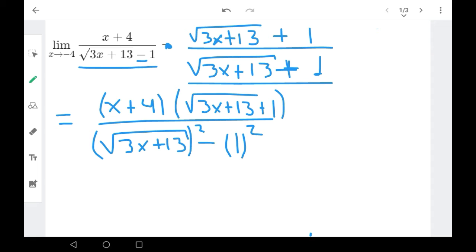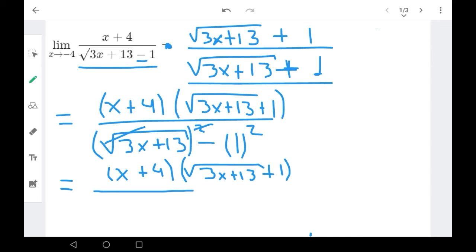This would be the next step. I can cancel the power with the root. So this would be x plus 4 times the square root of 3x plus 13 plus 1, right? And the denominator, 3x plus 13 minus 1 to the power of 2 is just 1, right?